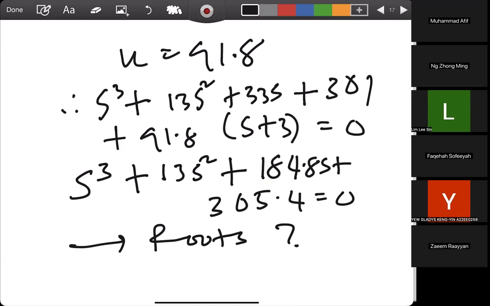Gladys, help me to find the roots. Gladys, are you there? You sleeping ah? Hello. Tak dengar. Hello. Find the roots.